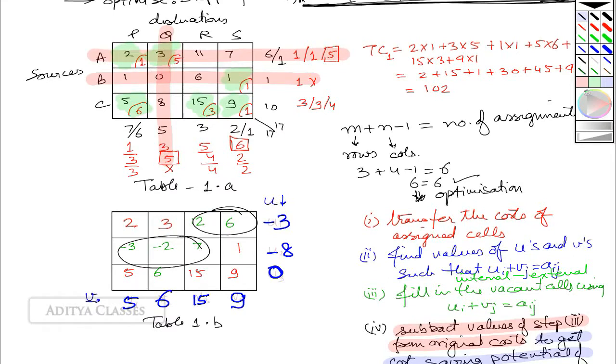These are the values of step 3. So I'll be subtracting them from original costs. Is that fine? 11 minus 12 is minus 1, 7 minus 6 is 1, 1 minus minus 3 is 4, 0 minus minus 2 is 2, 6 minus 7 is minus 1, 8 minus 6 is 2.